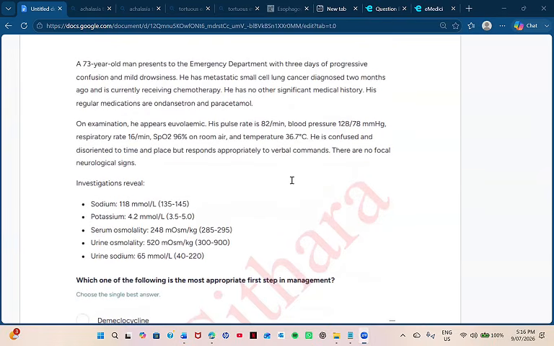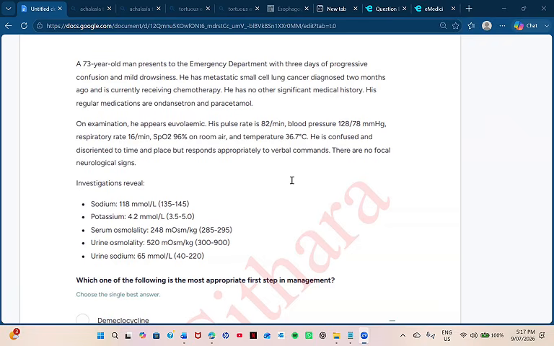A 73-year-old man presents to the ED with 3 days of progressive confusion and mild drowsiness. He has metastatic small cell lung cancer diagnosed 2 months ago and is currently receiving chemotherapy. He has no other significant medical history and no regular medications. On examination, he is euvolemic, pulse 82, BP 128 by 78, respiratory rate 16, SpO2 96, temperature 36.7.